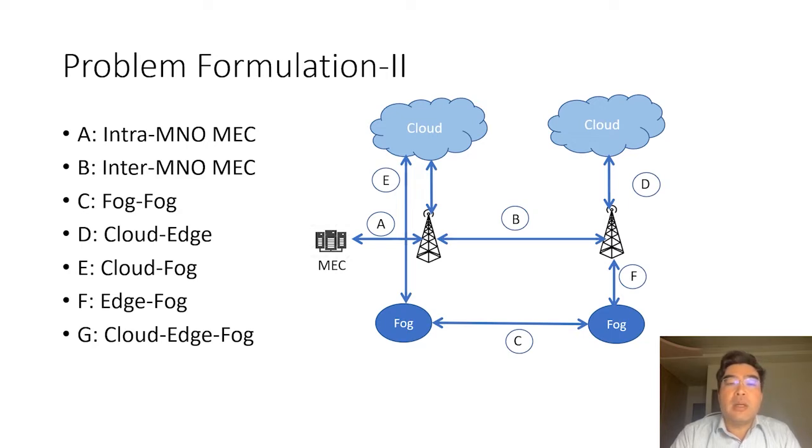And B is still the same: between 2 edges, multiple MECs between multiple edge service providers, for example AT&T and Verizon. The rest are the same, but we add another one, which is cloud-edge-fork. So it was 6, but now 7 problems we want to solve.